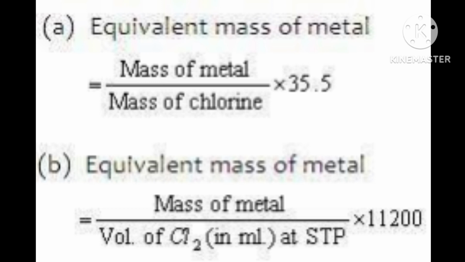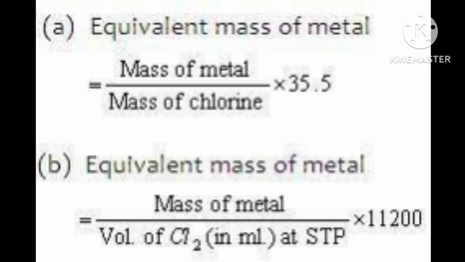Means you take the molecular weight of the salt, correct? As for example, NaCl, then 23 plus 35.5 divided by how many positive charges are there? Here Na+ only 1 is there. Then divide by only 1.